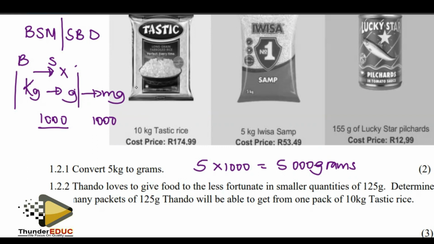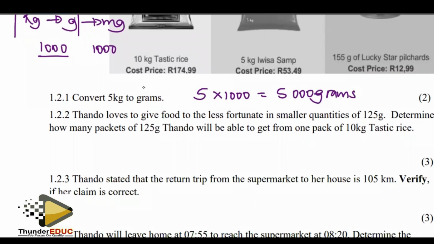Determine how many packets of 125 grams Tando will be able to get from one packet of 10 kg Tastic rice.